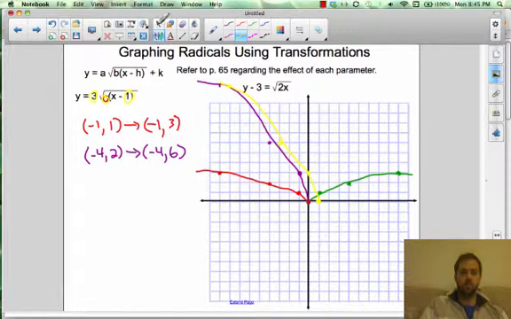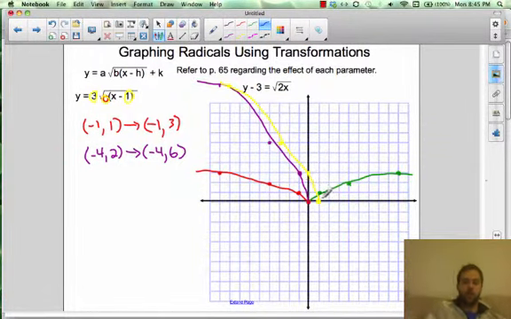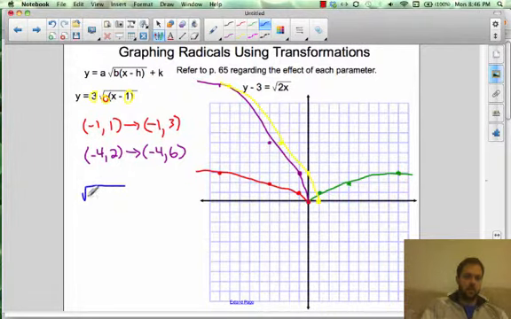Okay, and now the domain and range, let's compare it to the domain and range of our original function. So the final domain and range, if you look at the domain, any x values that we're allowed to use, this has to give us a positive number underneath the root sign, which means negative x minus 1 has to be greater than or equal to 0.